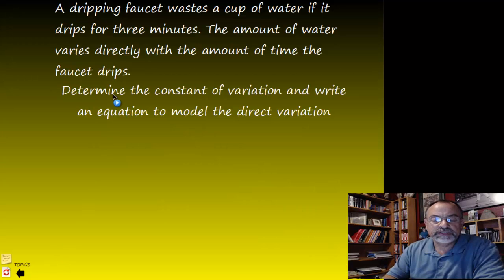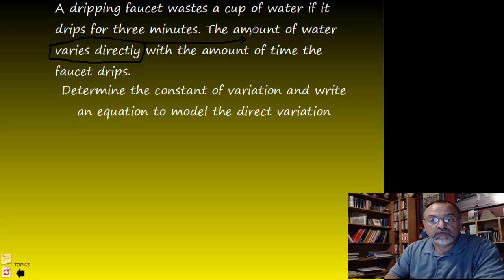So let's go one step further and actually write the equation and a model, okay? And remember, an equation is simply a model. So it says here, a dripping faucet wastes a cup of water if it drips for 3 minutes. The amount of water varies directly with the amount of time used. Well, there's that phrase we're looking for, varies directly. So what comes before it? The water.